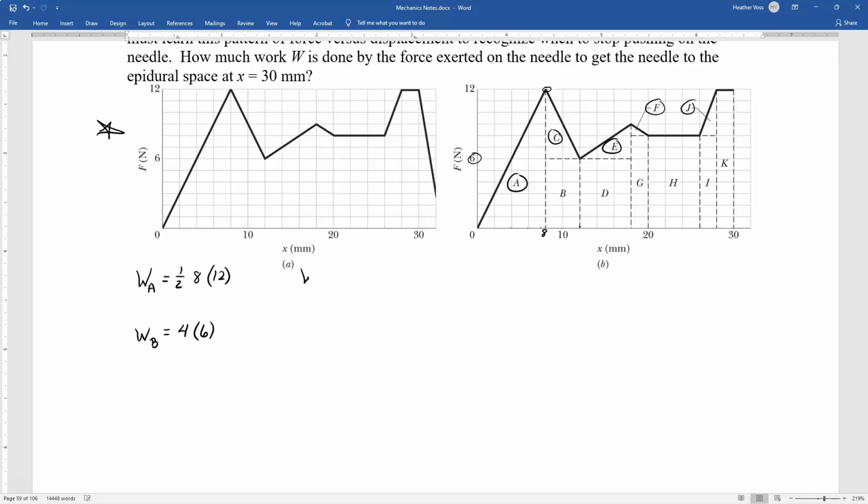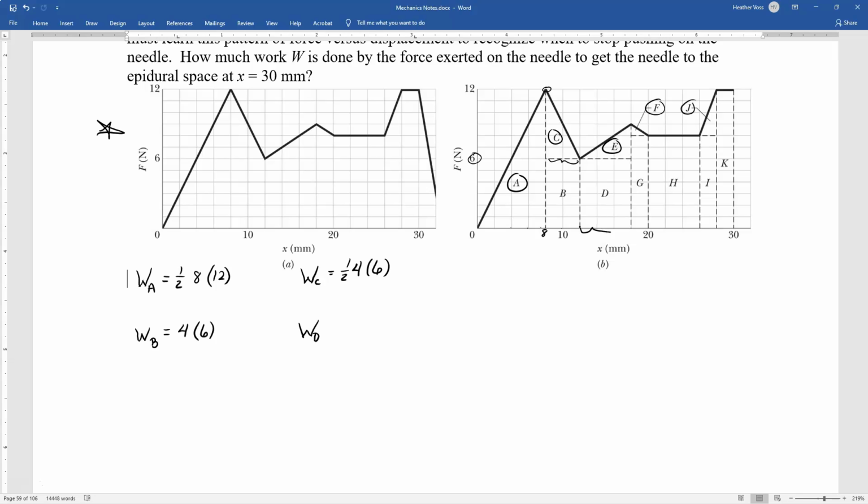The work for region C is going to be 1/2 my base. Now my base is still just 4 times my height. Well, I'm going from 6 to 12, so that is 6. The work done for region D, got to look at my base.